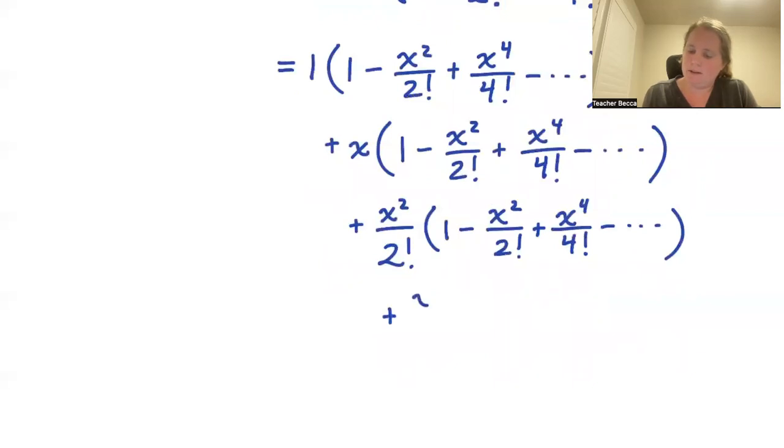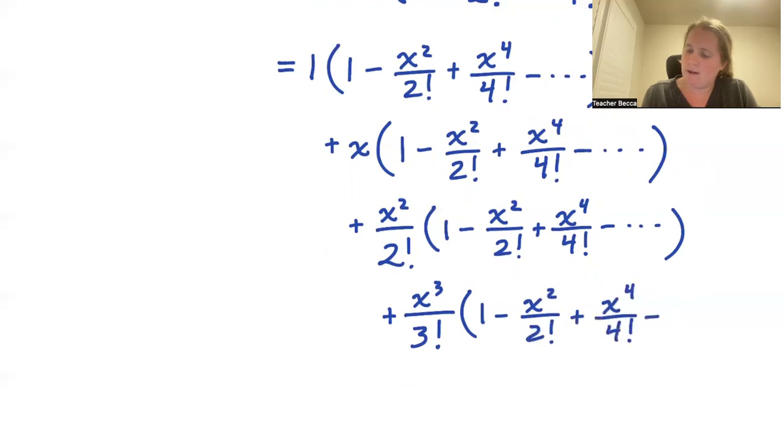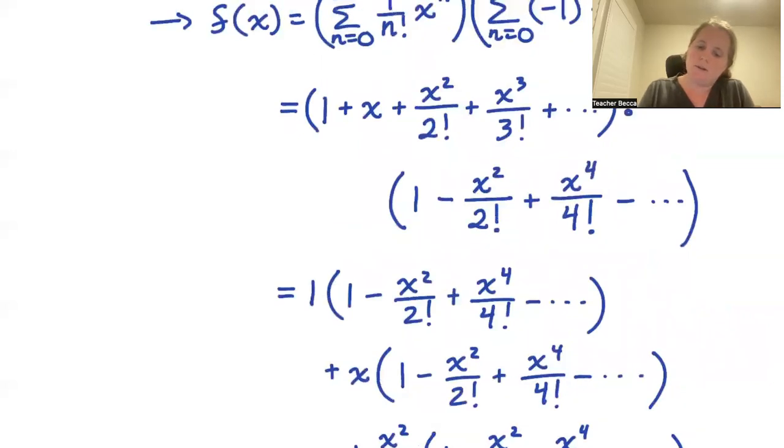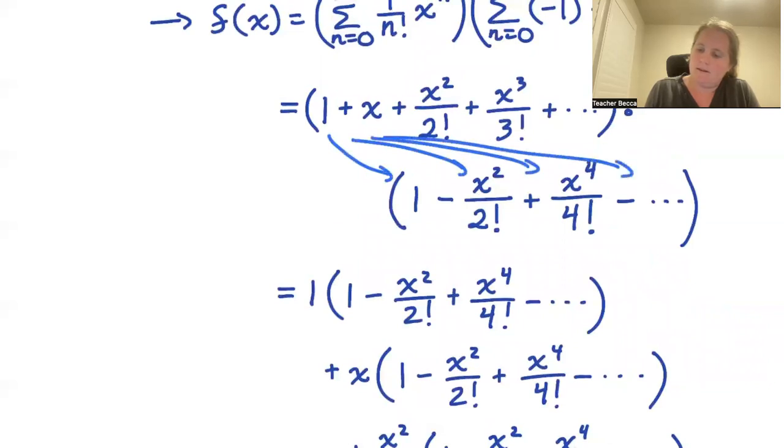So we'd have plus x cubed over 3 factorial times 1 minus x squared over 2 factorial plus x to the 4th over 4 factorial minus ... And then, of course, we would keep going from here. So again, essentially what I've done is I've distributed the 1 to each term, and then we distribute the x to each term, etc.